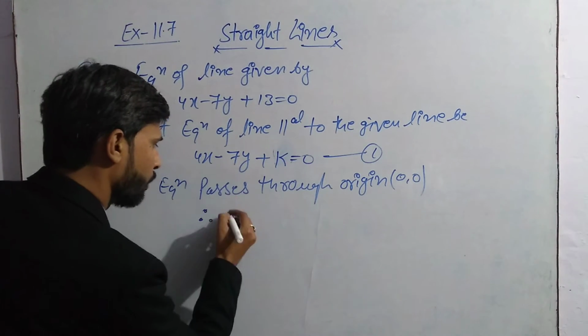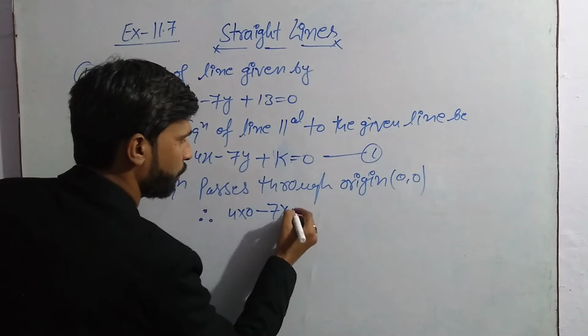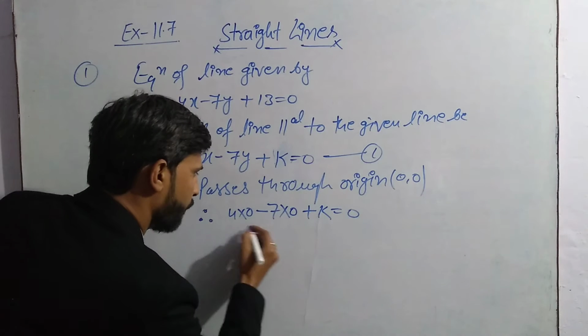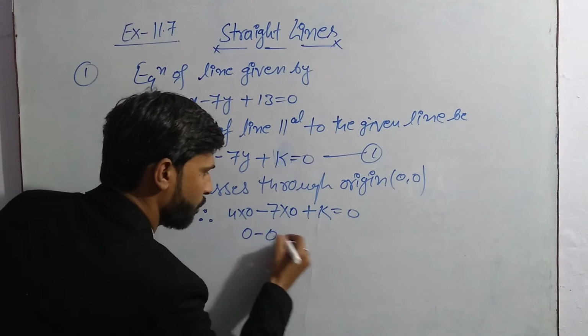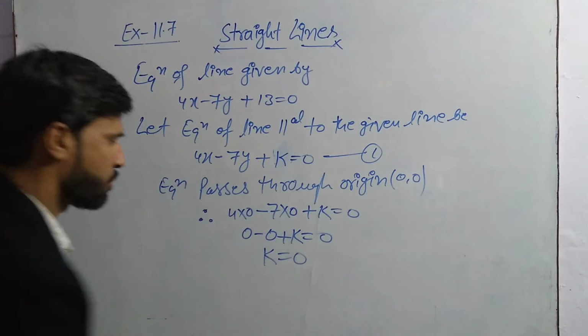Therefore, 4 into 0 minus 7 into 0 plus k is equal to 0. After solving, we get 0 minus 0 plus k is equal to 0. Now k is equal to 0.